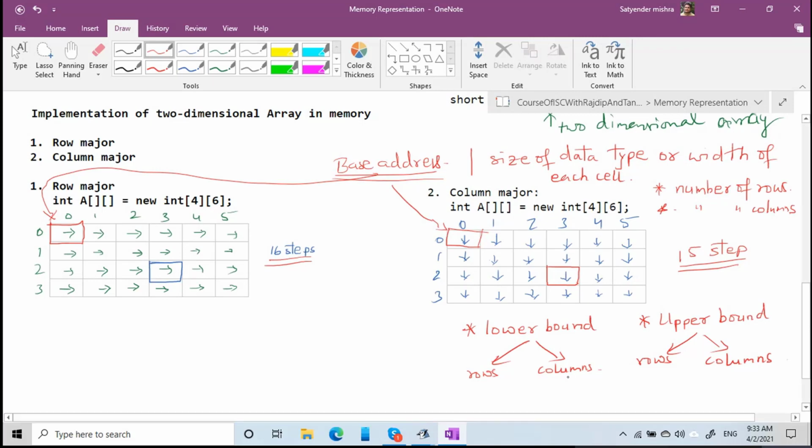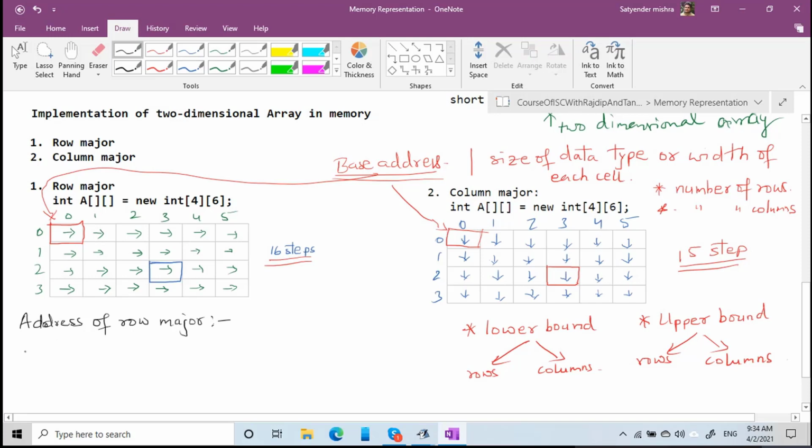So let's decide first with row major. Let me write it for row major. Let me use a different color here, so I'm using black here. So, the address of row major. How will you identify the address of row major?